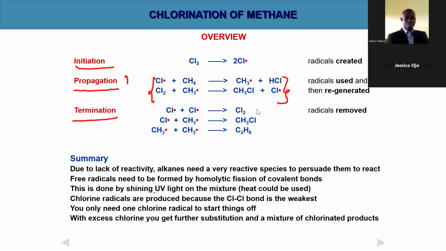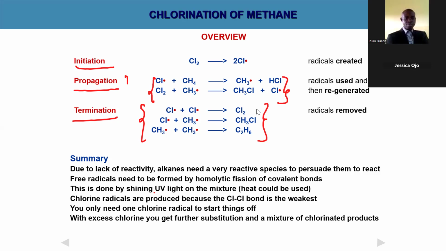There are 2 steps there, and that initiation is just 1 step. While termination, there are always 3 ways to terminate a reaction. There are always three reactions that can lead to the termination of reaction. So one of them is what we need, just one of them. And if you know the three of them, very, very important.